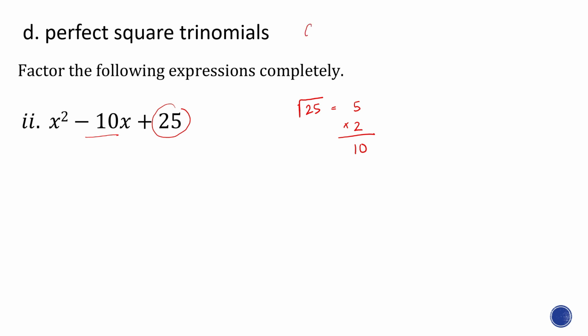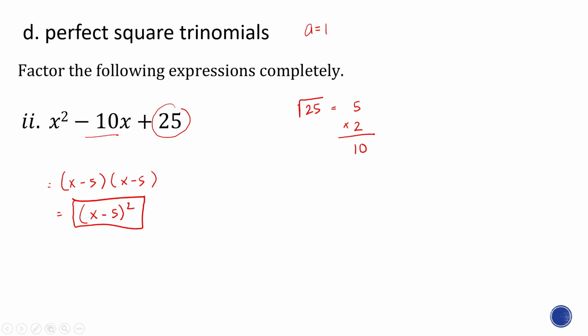Again, keep in mind that a equals 1. In this case, since the second term is minus 10, our factors are x minus 5 times x minus 5. And we can rewrite that as x minus 5 squared.